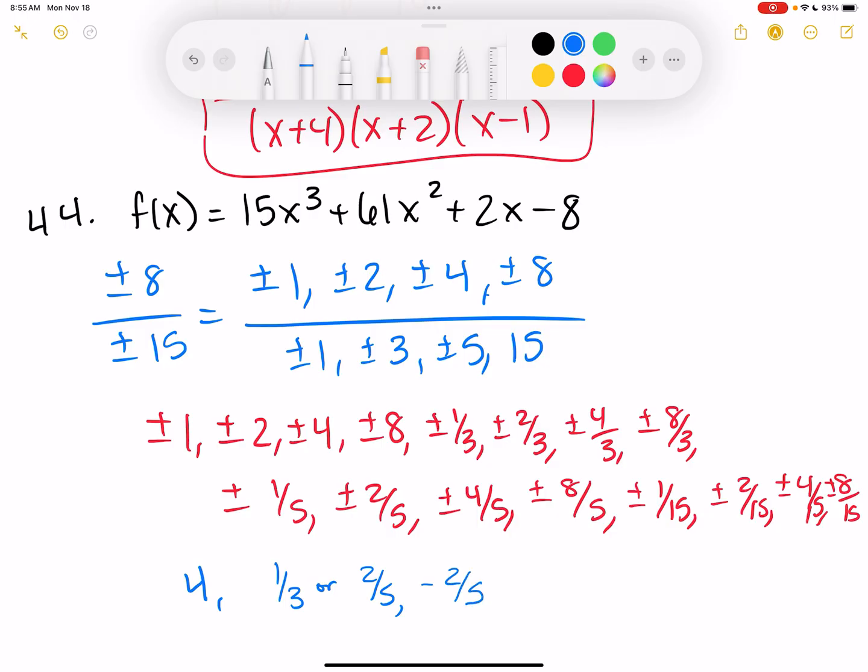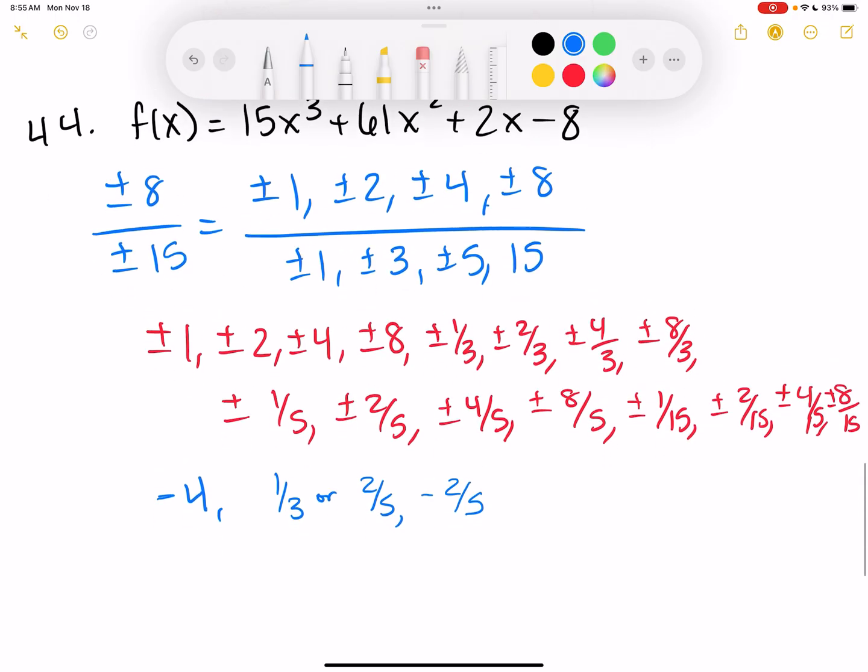So we're going to go with the one that we confidently know first, which is 4, but I think it's negative 4 based on what the graph looks like because it's intersecting over here. So this is negative 4. So we're going to run that one first because that should in theory be the easiest one. So negative 4, then I've got 15, 61, 2, and negative 8.